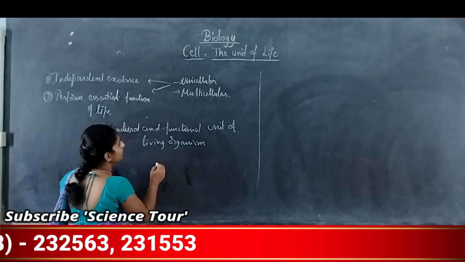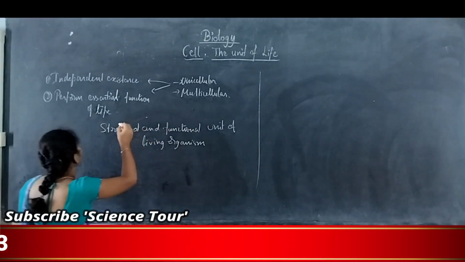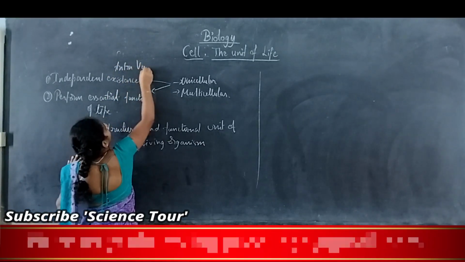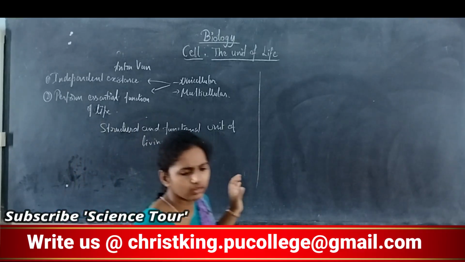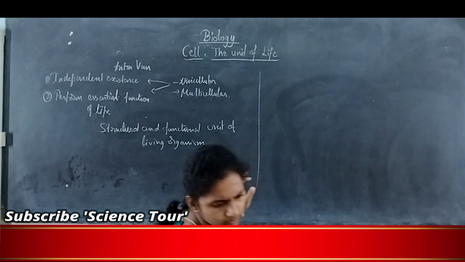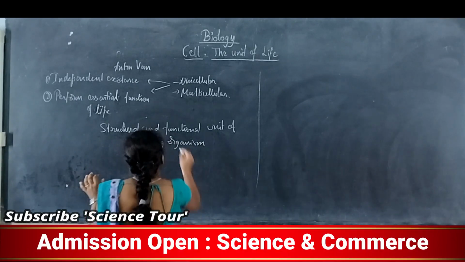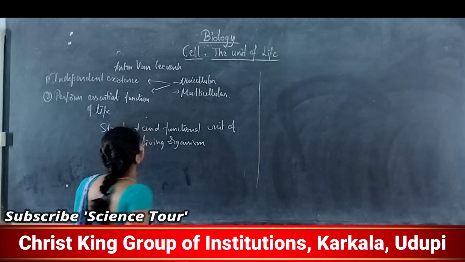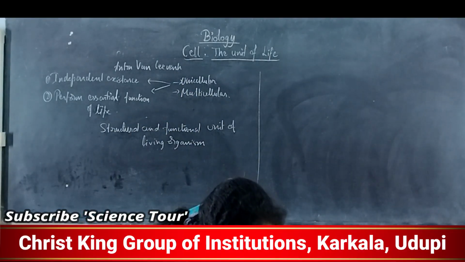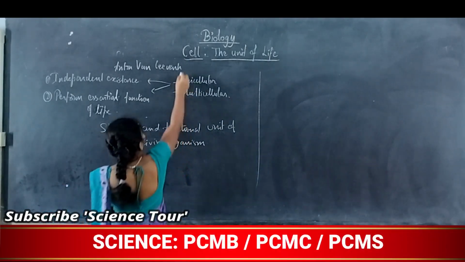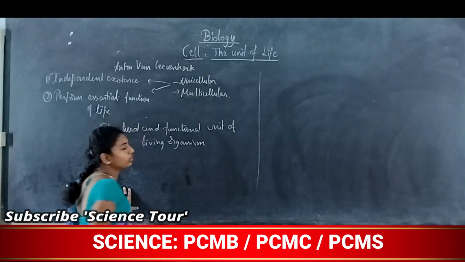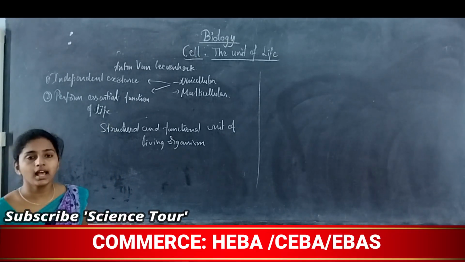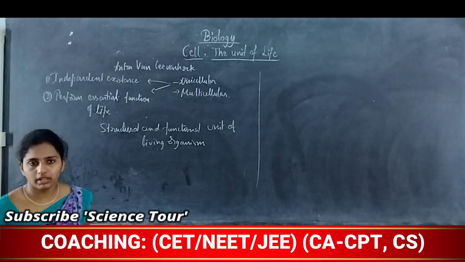The cell was first found out by Anton van Leeuwenhoek. He first discovered the cells, and he also started to develop the microscope.